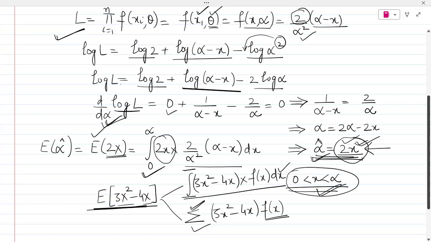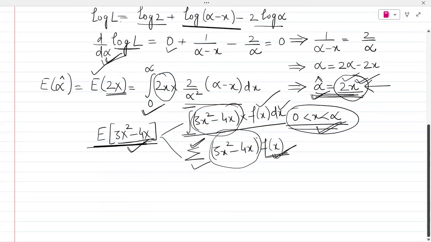So 3x square minus 4x is the value of the function, multiplied by the probability distribution function. Then it is integration if the random variable is continuous, and summation if it is discrete.